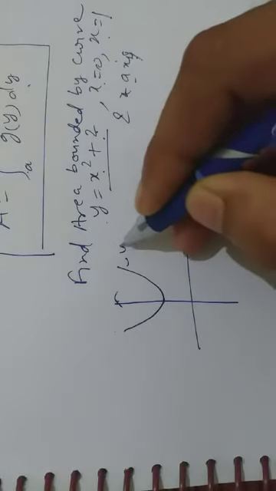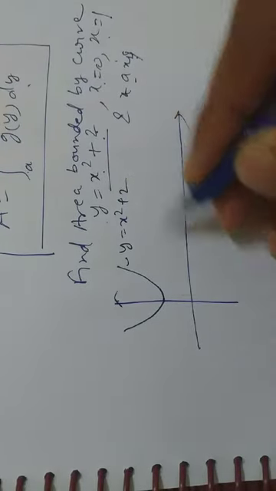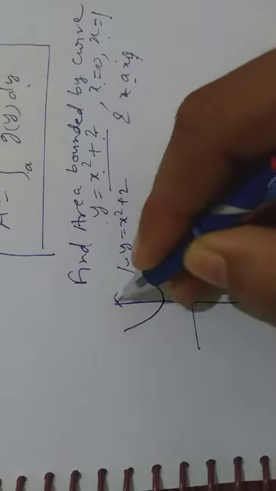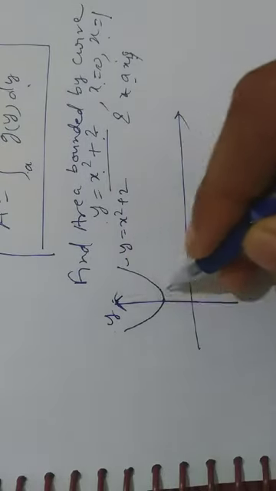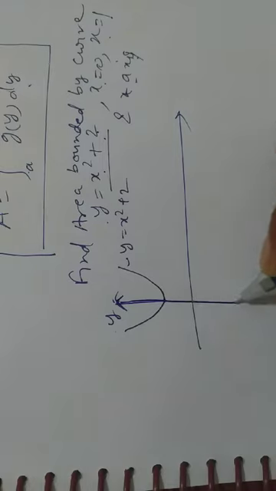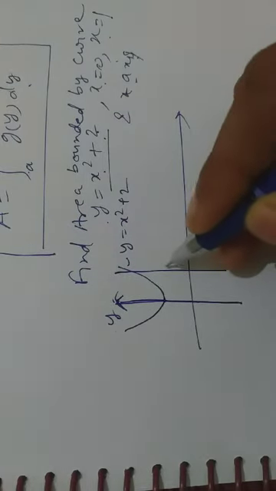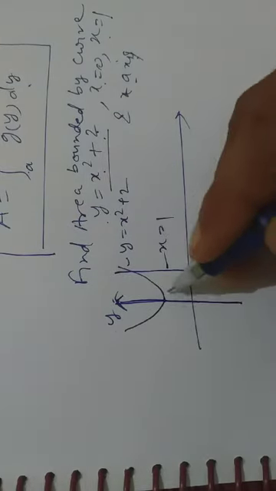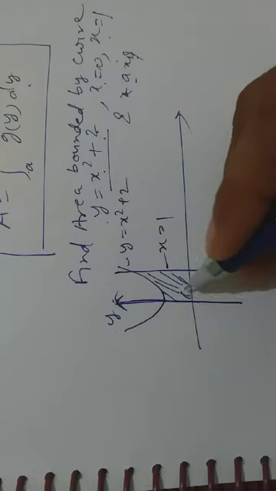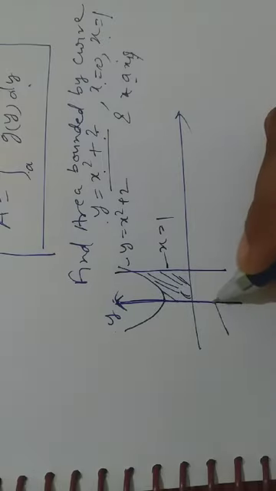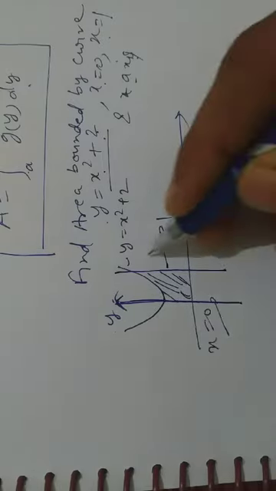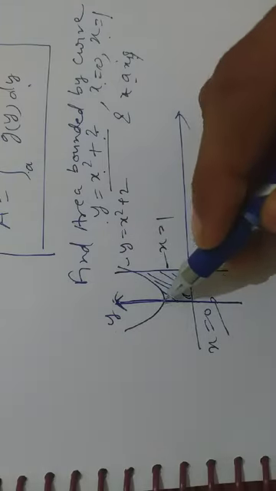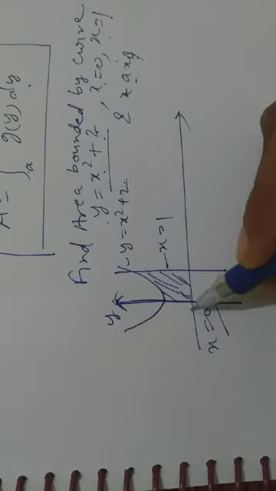So dear students, this is y equal to x square plus 2. This is the y axis, which is x equal to 0, and x equal to 1 is this line. We want to find the area bounded by x equal to 0, x equal to 1, y equal to x square plus 2, and the x axis.